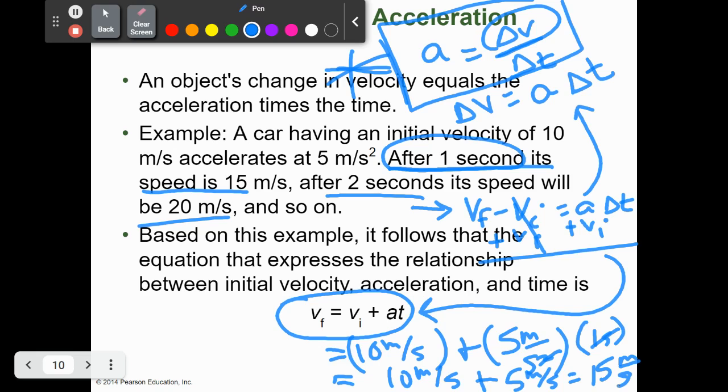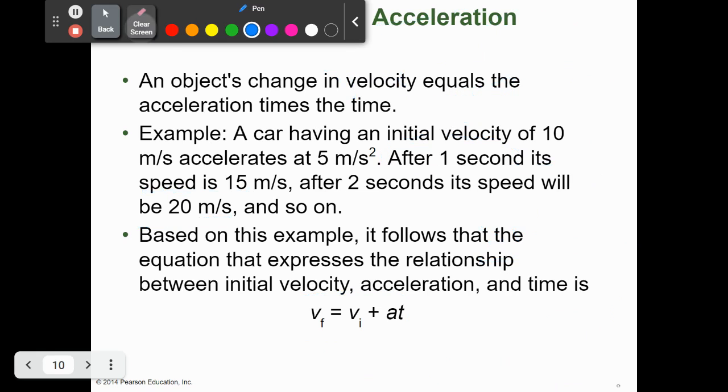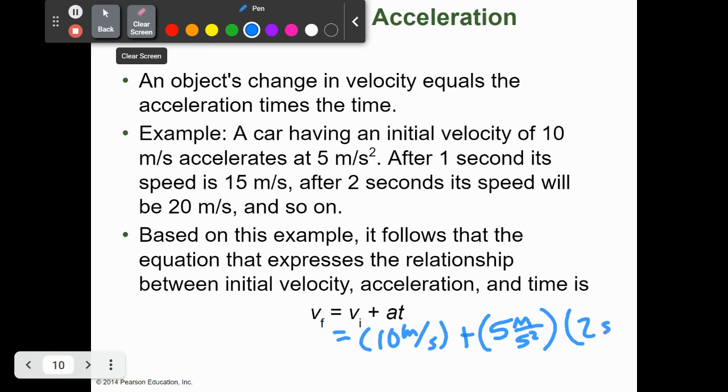Yes. Okay, then if we did it after 2 seconds, we would do the same thing. We would say, all right, I got my same initial velocity, 10 meters per second. My acceleration is 5 meters per second squared. But now my time is 2 minus 0, 0 being my initial time. Okay? And 2 seconds later is where I want to know what my final velocity is.